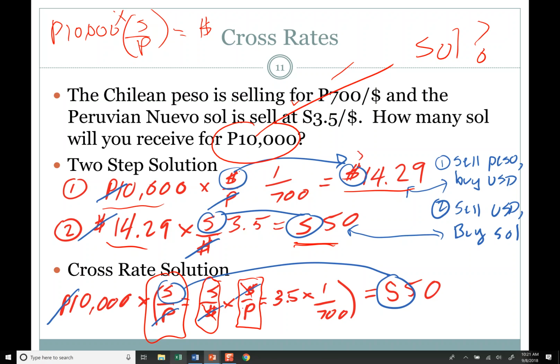The dollars cancel out, and I wind up with a sol over peso exchange rate, which happens to be 3.5 over 700, because the sol per dollar is 3.5, and the dollar per peso is 1 over 700. So the exchange rate is 3.5 over 700, and I just use that. Everyone hates that way. But eventually you come to love that way, because it's just easier.